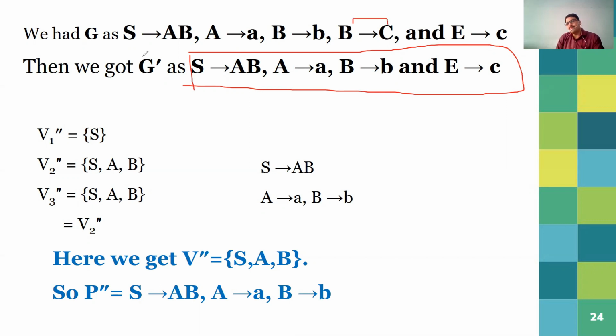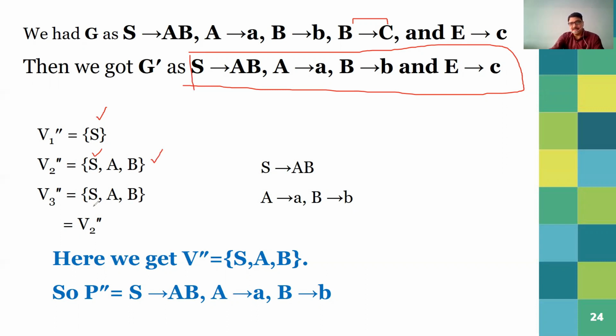Now we are going to apply step 2 on the reduced grammar, that is G dash, right? So here start with S, as I already told you. Now see what symbols can be produced by S. So V2 double dash is S and the symbols produced by S. That is, S can produce A and B. So just write here A and B.